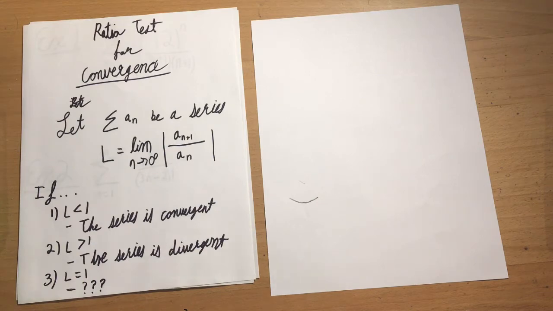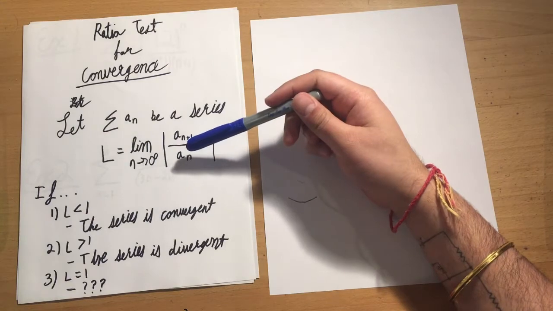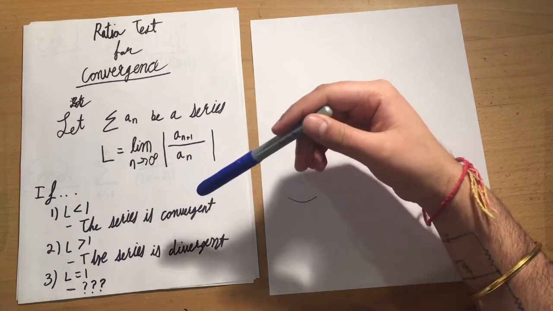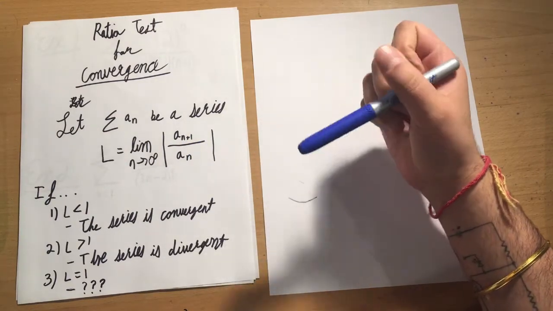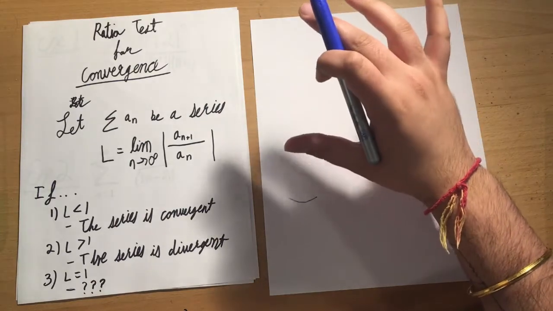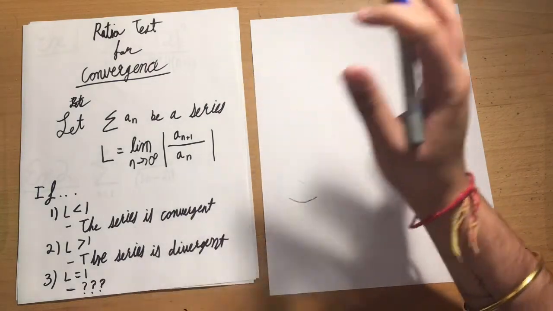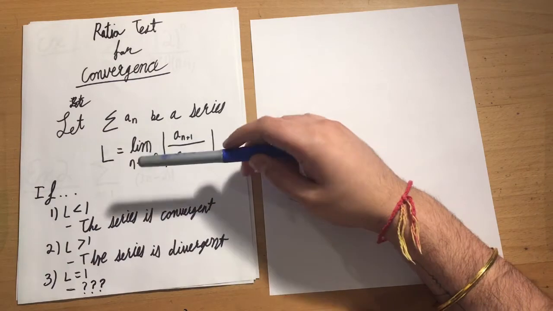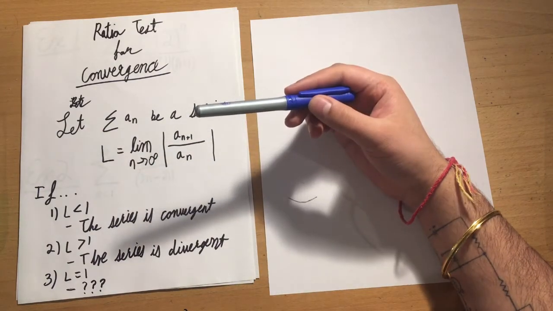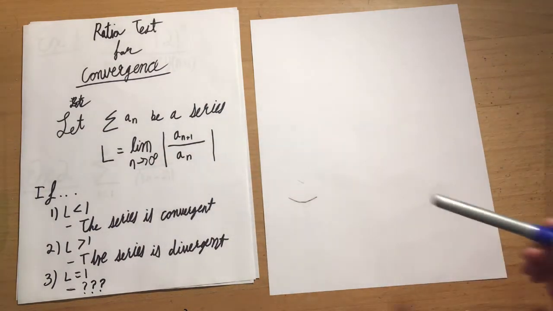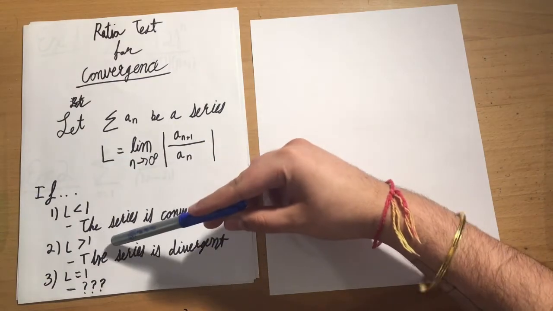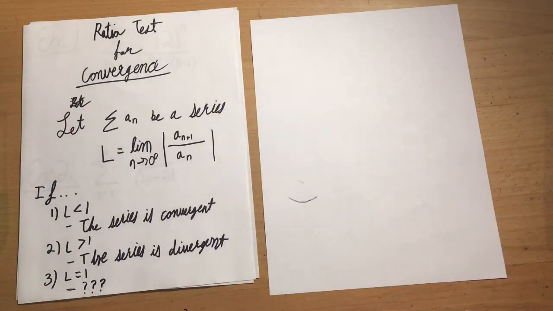Then, based on the value of L, we can determine whether the series is convergent or divergent, or there's a specific case where we might not be able to tell anything at all. If L is less than 1, our series is convergent. If L is greater than 1, our series is divergent. And if L equals 1, we're not able to tell whether it's convergent or divergent. We'll need to do a separate test for that.